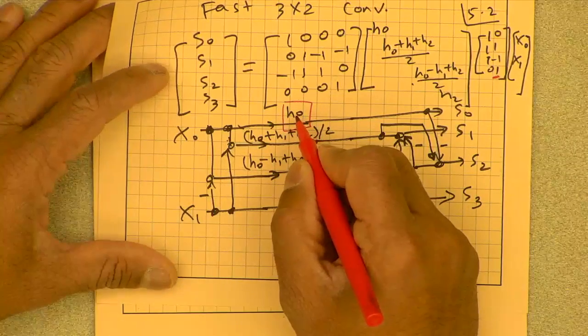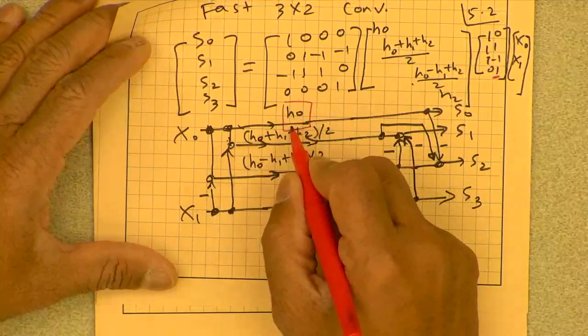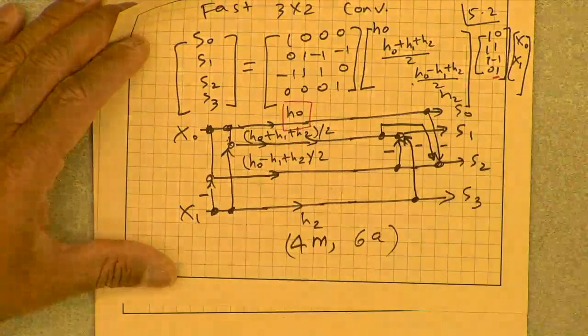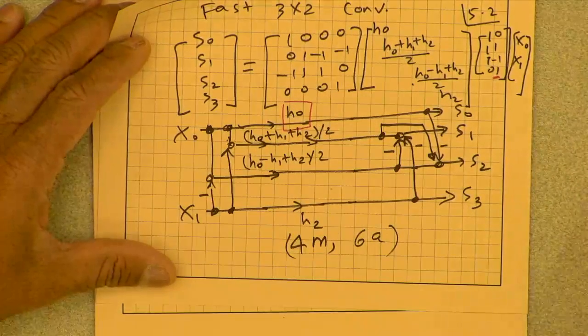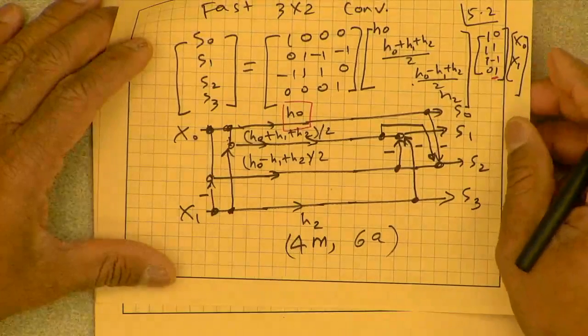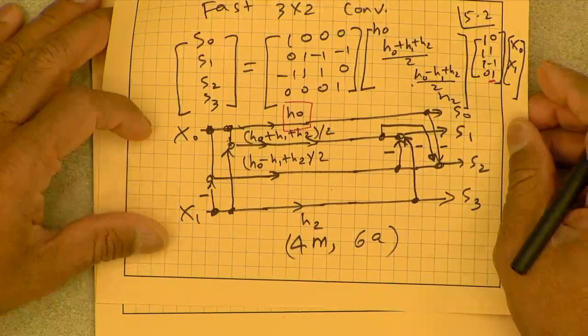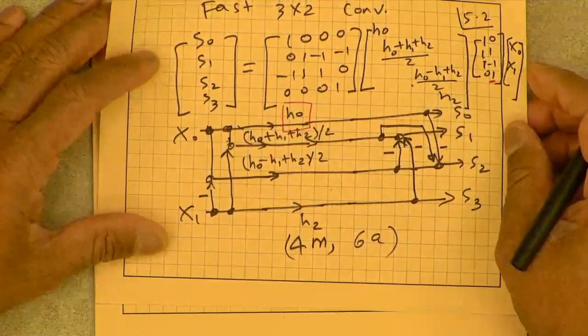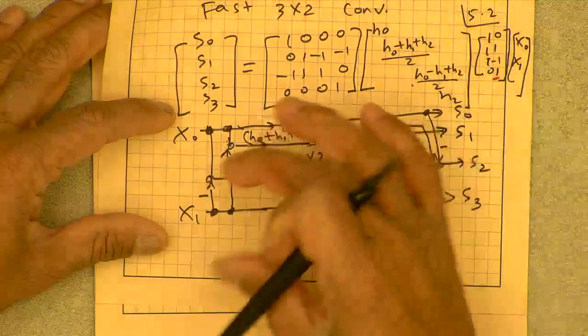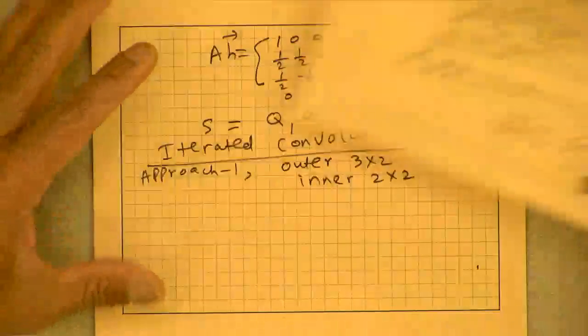However, H0 and X0 are degree 1 polynomials in P. However, the outer one will be a polynomial in Q, and we will see this in a minute.